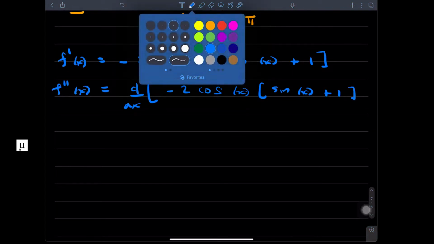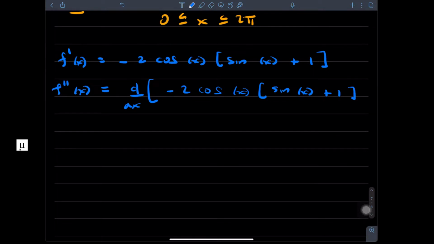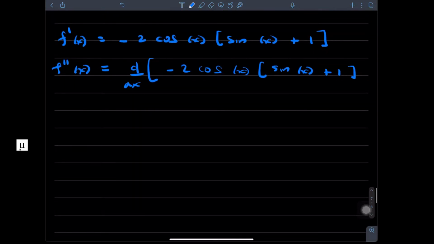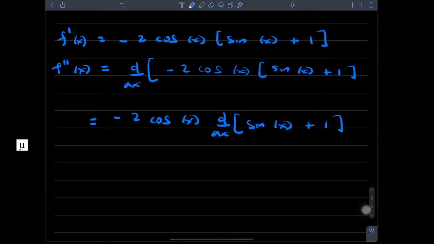Okay, you guys remember how to do the chain rule? Okay, here's, not chain rule. What are we using? Product rule. Do you guys notice that? Minus 2 cosine x. Derivative of what? Sine x plus 1. Now plus, do the sine x plus 1 here, right?